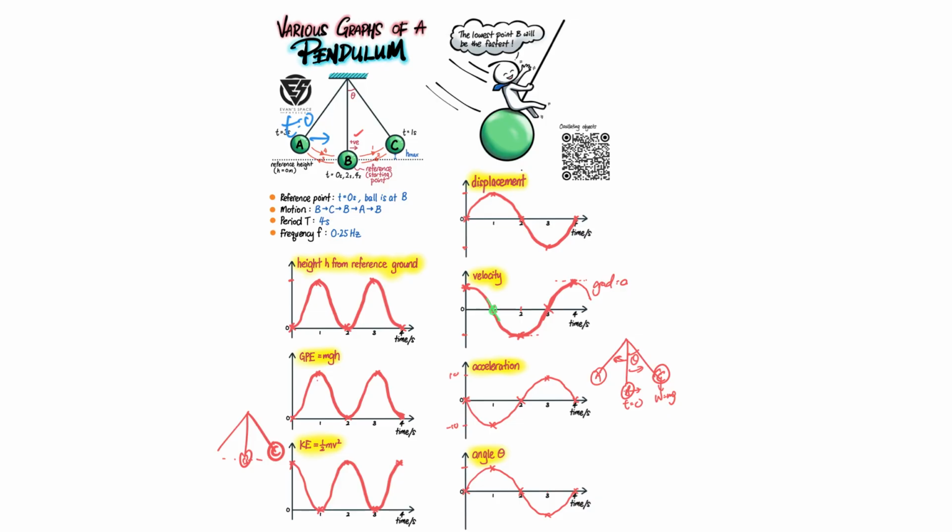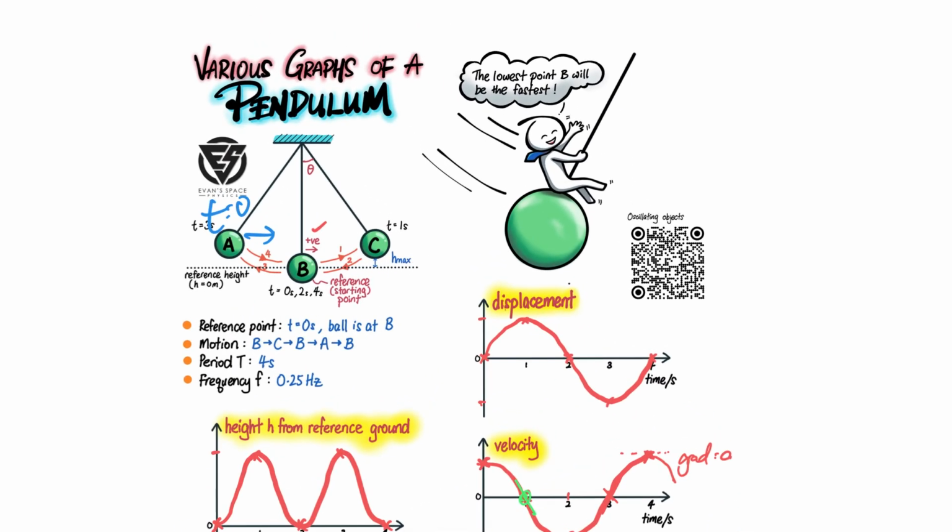So let's draw on the existing graph here. So time equals 0, at point A, there's no displacement, and as it goes towards B to C, at time equals 2 seconds, the displacement will be higher. So let's assume it's here. And then when it goes back to point B and point A will be 4 seconds, that's where there's no displacement.